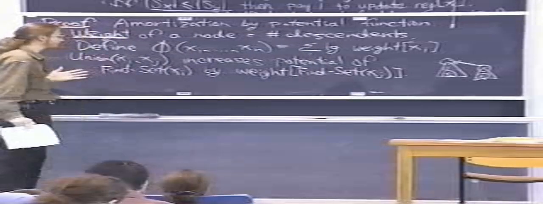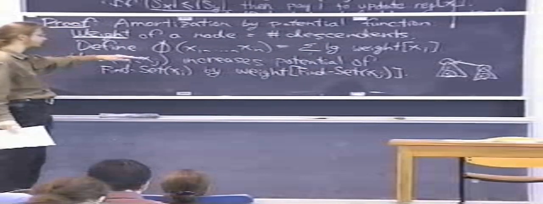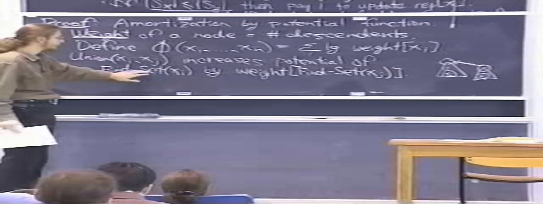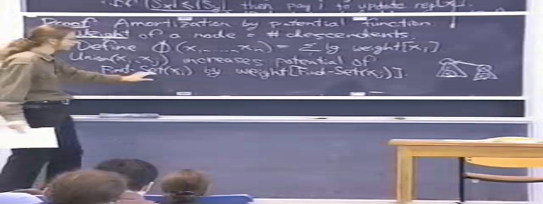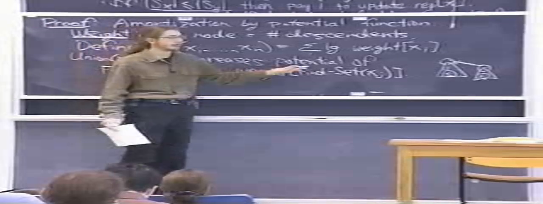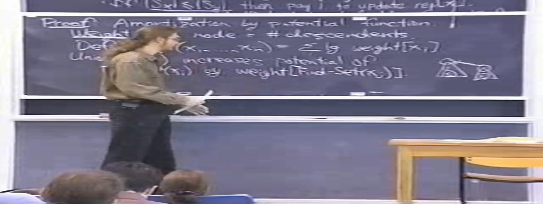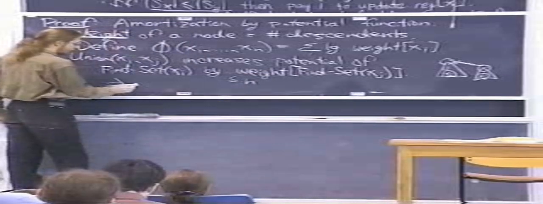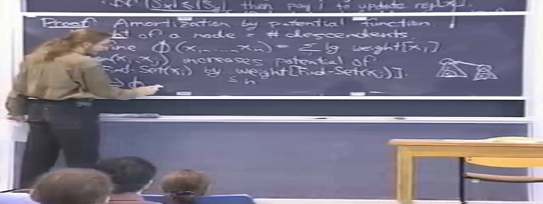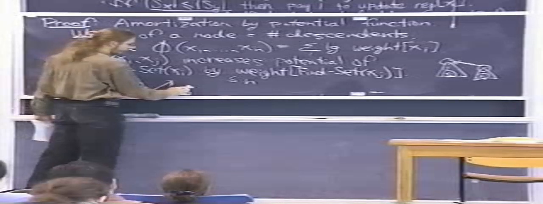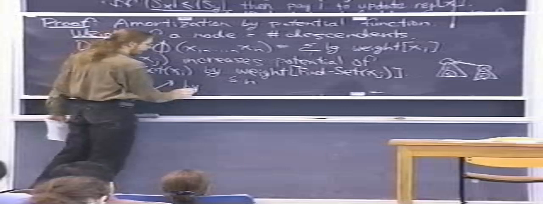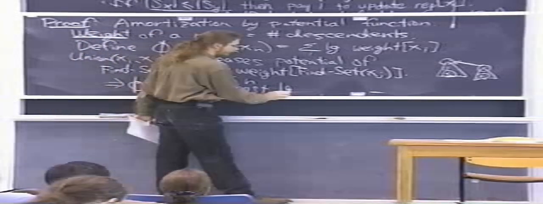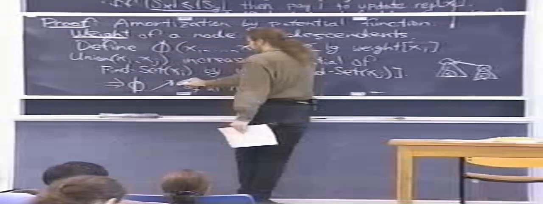In logarithm, I'm increasing the log of the weight of this guy by at most the log of the weight of that guy. And that's at most log n, since the weight is at most n. So the potential goes up by at most log n. That's okay, because log n is what I want to prove.